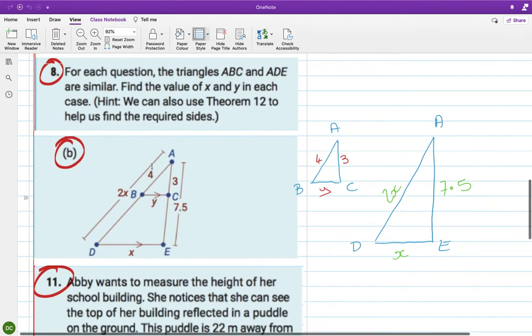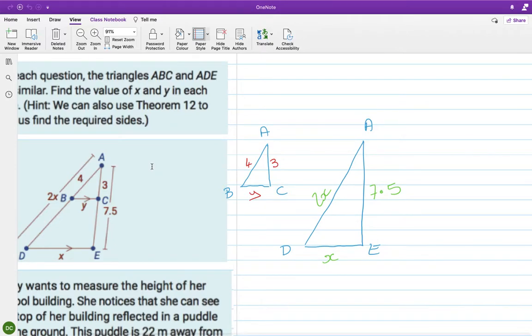So we need to make our fractions where it's quite easy to see the corresponding sides here because they're nicely lined up for us. Not always so, but this one here corresponds with that one there. This one corresponds with that one.